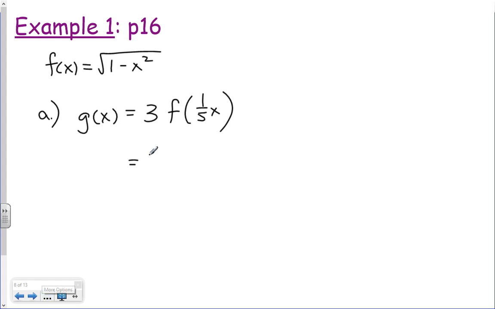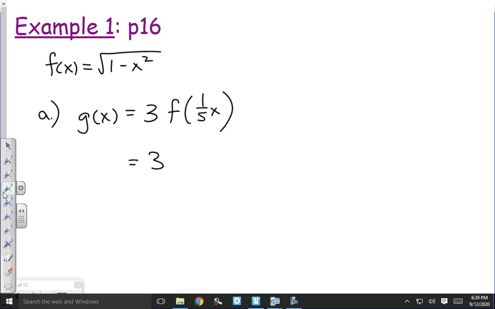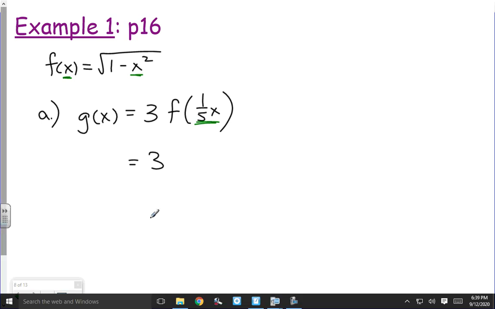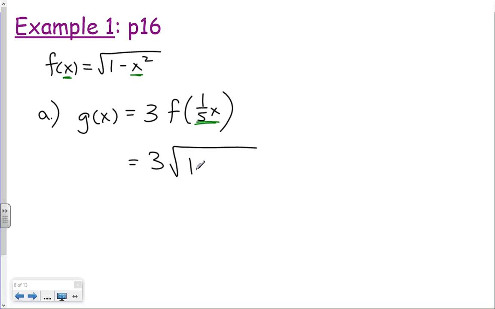So we've got 3 times, and for function f, I'm going to replace function f with what it's equal to, but again, my argument here is 1/5 x. So everywhere that I see an x here, I'm going to replace that with 1/5 x as I write this out. So it's 3 times the square root of 1 minus, instead of x squared, it's going to be (1/5 x) squared.